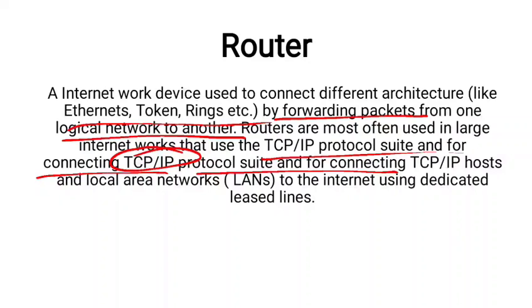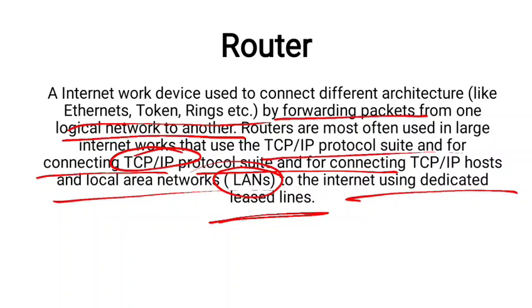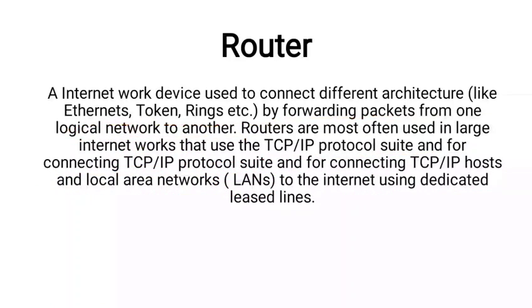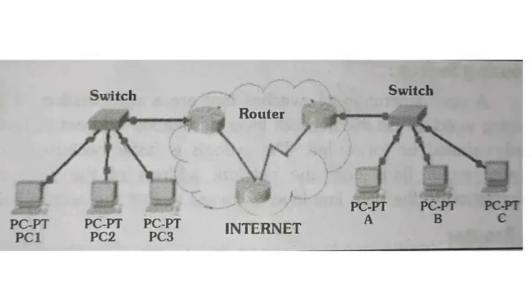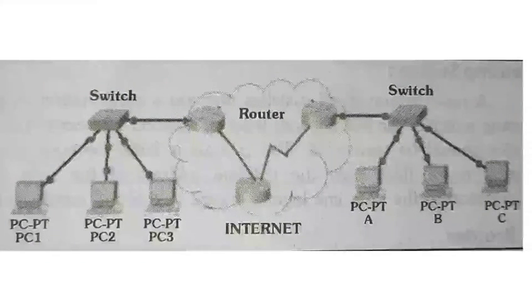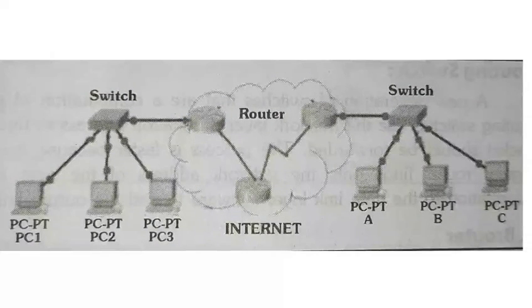Next is TCP/IP hosts and local area networks linked to the internet using a dedicated leased line. Many times when we are using Ethernet and token rings, we will use this router. Routers help us connect multiple devices to a single networking zone when we are distributing, and when we want to use switches and hubs.